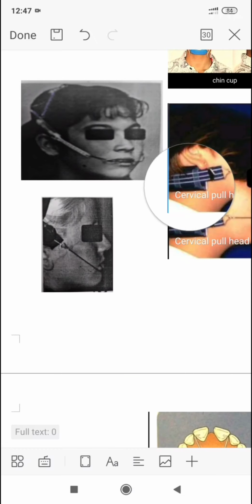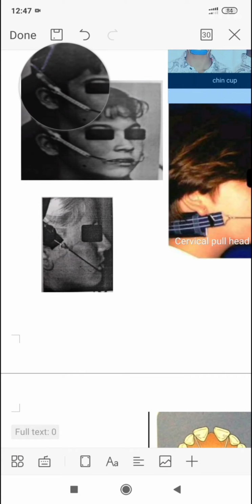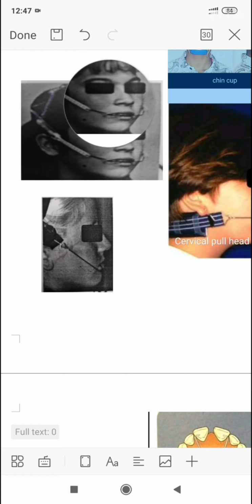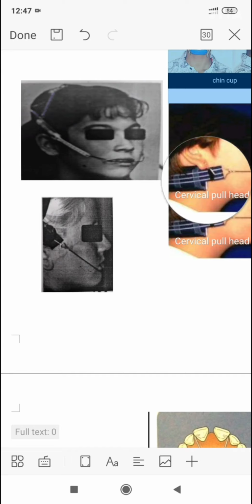In case of low pull headgear, distal and inferior force is there. High pull headgear is indicated in vertical growth pattern patients. It causes intrusion of maxillary teeth. Low pull headgear is used in horizontal growth pattern patients. It causes extrusion of teeth.